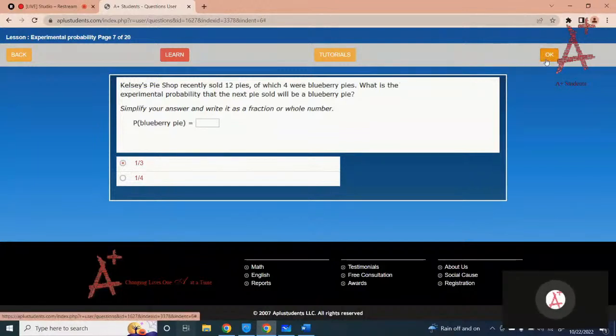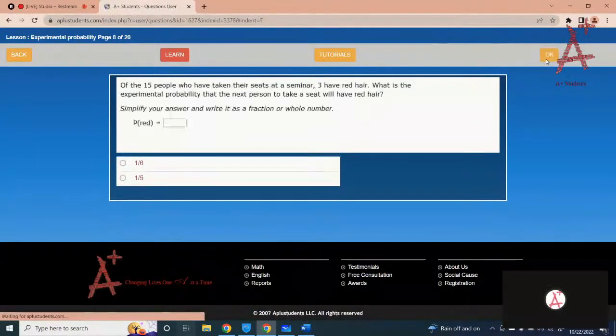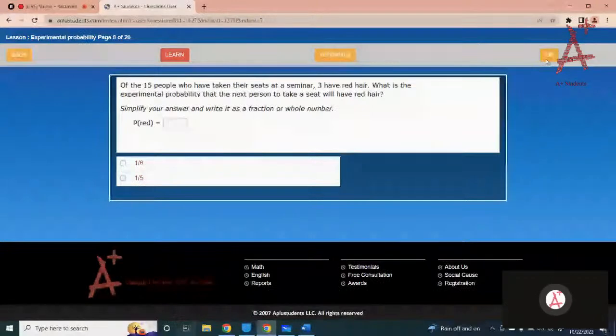Okay, the next one is: of the 15 people who have taken their seats at a seminar, 3 have red hair. What is the experimental probability that the next person to take a seat will have red hair?